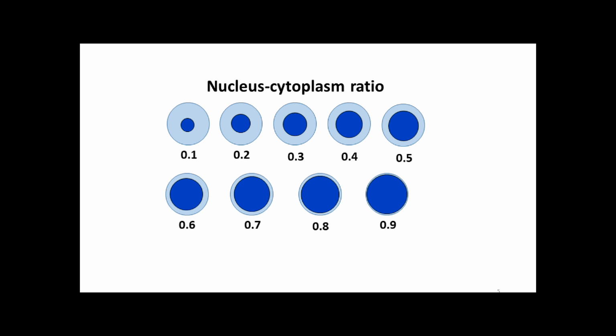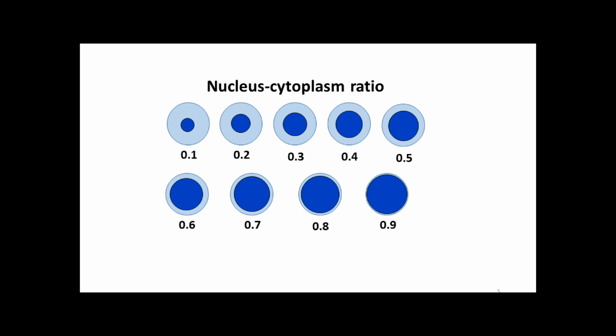In the first picture, the NC ratio is 0.1 because the nucleus is smaller and the cytoplasm is larger. When we compare the first and second pictures, the second one is somewhat immature. Like that, the third is immature compared with the second. Like that it goes down, and the last picture indicates the very initial stage of the cell, right?